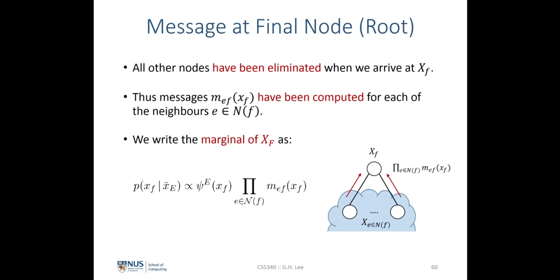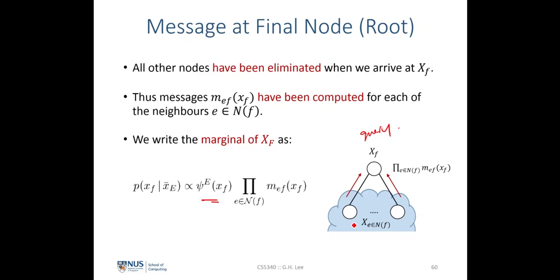After looking at the messages in the intermediate nodes, we will now look at the message at the final node, which is the root node. The message passed to the root node, which is our query node in this case, is simply the multiplication of the unary potential of this query node xf, as well as all the messages passed upward from its direct descendants.